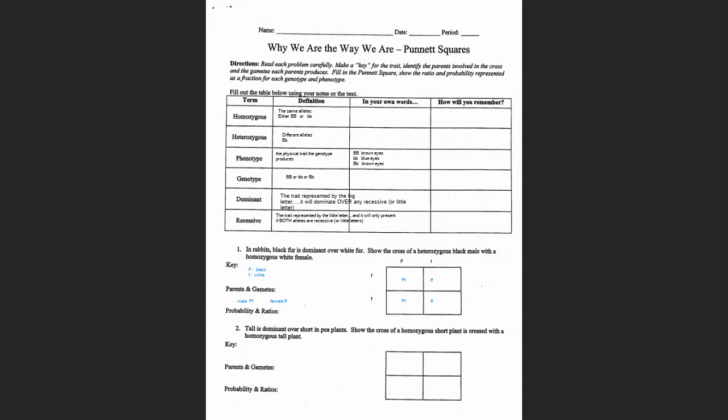Yep, big F, little f is going to produce black fur, and that would be 50% of those. And you've got little f, which is also 50% because there's 2 blocks. That's going to be white fur.